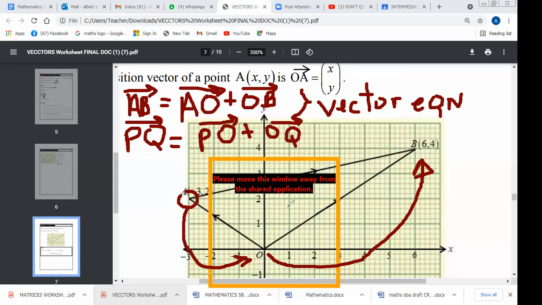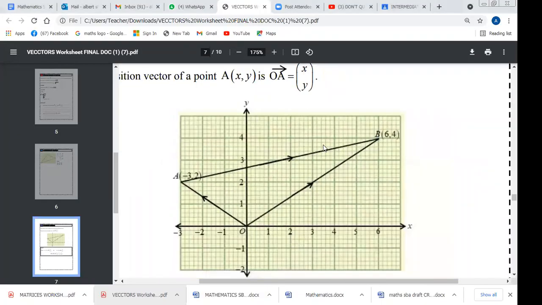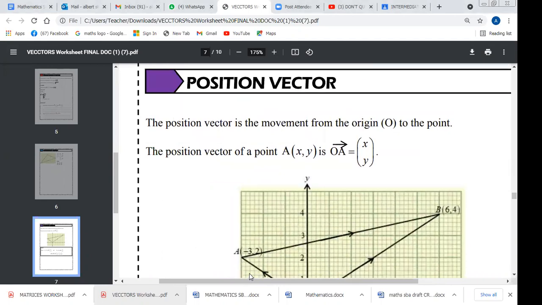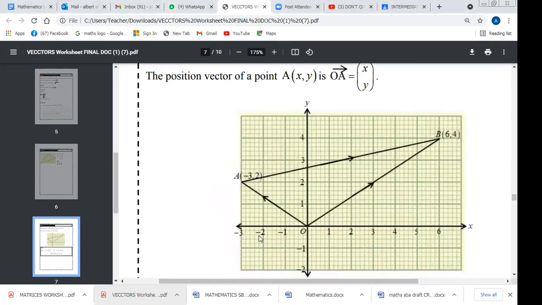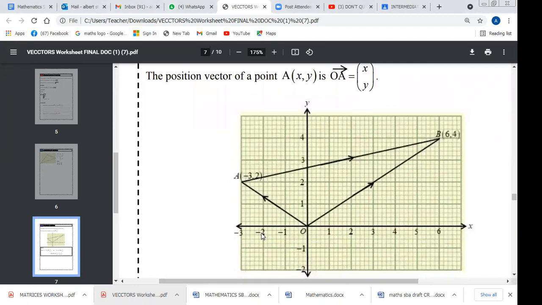Any questions so far? Could you go over that one more time, sir? No problem. All right. So basically, let's run it again. A position vector is a vector that originates from the origin, or its movement is through the origin, basically.